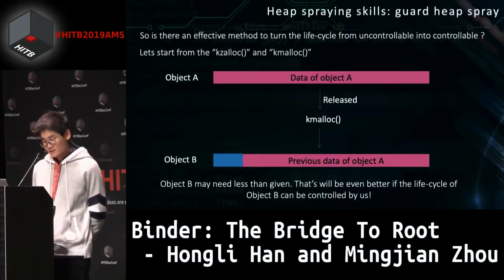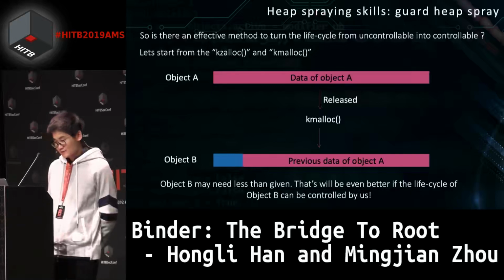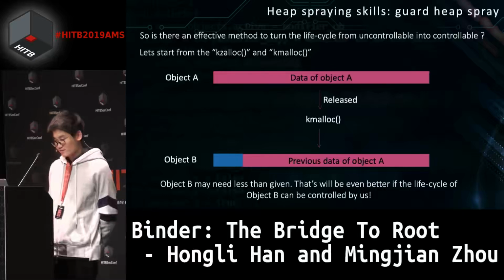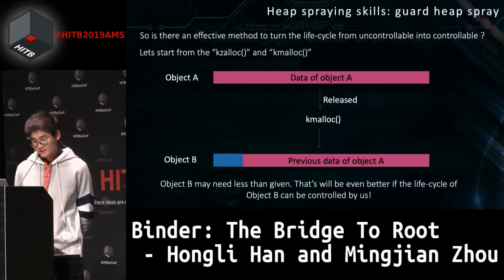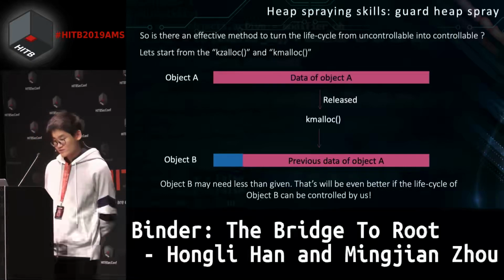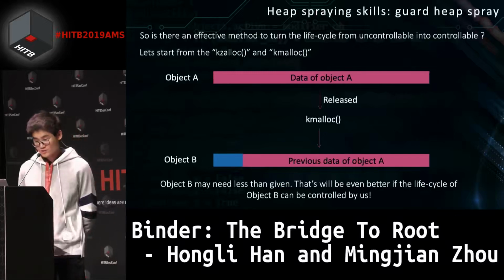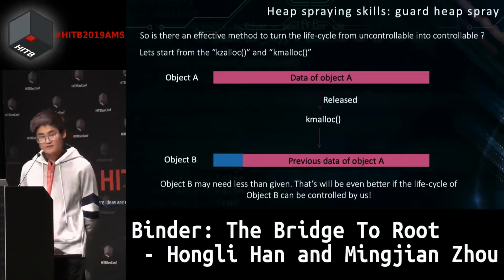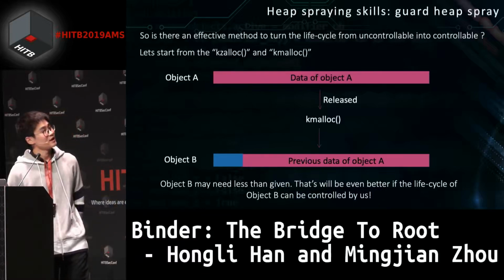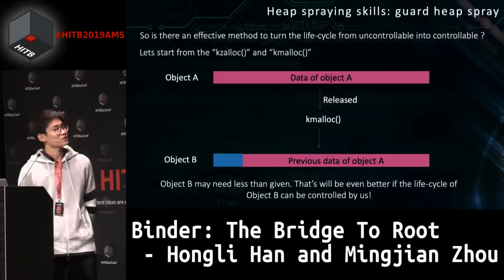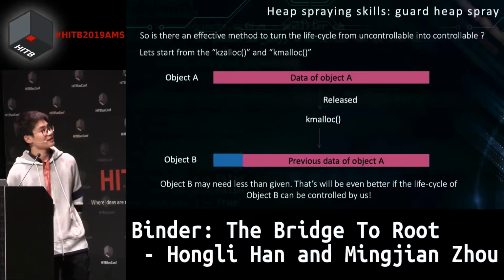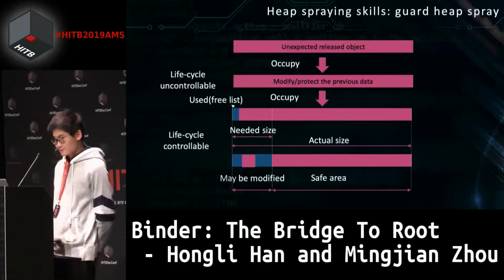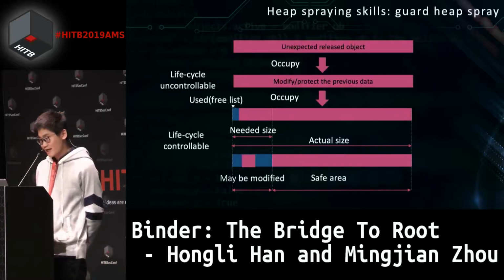If object B needs less than the size given by the kernel, that will be even better. And if the life cycle of object B can be controlled, the previous state of object A will be kept, and the residual data will be kept. It works like this.